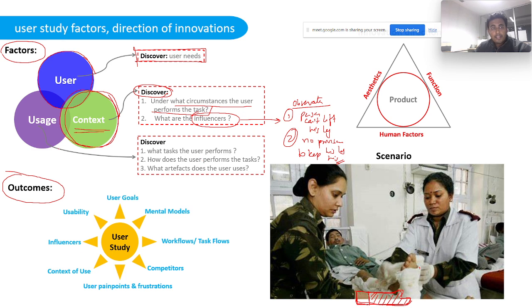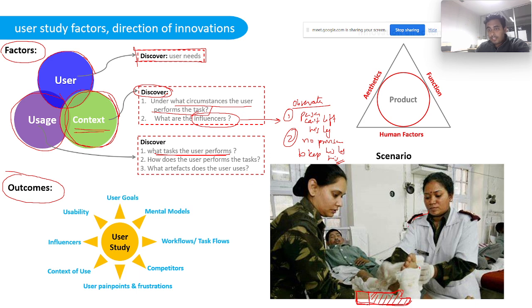Okay, another factor is uses. This is about what task the user performs. For such kind of inquiry, you need to first observe, in a clinical procedure, what all sorts of activities the nurse does.